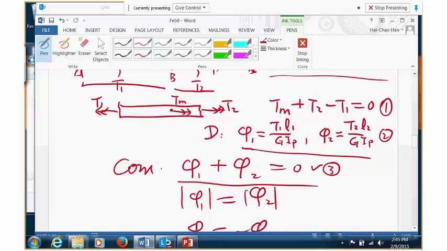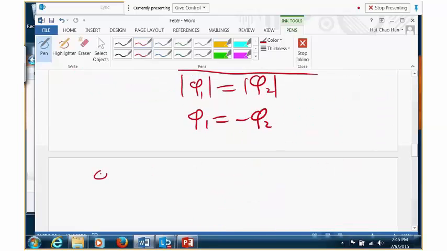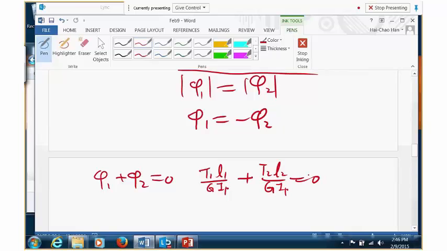So I will do it this way. Because phi 1 plus phi 2, this is the solution part, equals 0, I have T1 L1 over GIP plus T2 L2 over GIP equals 0. Is that true? Yes, okay. GIP cancels out.